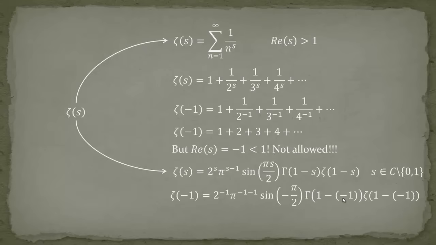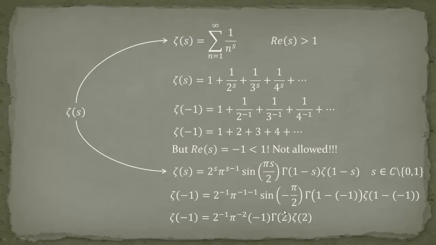Now if we plug in -1, we get a lot of minus signs. So we get 2 to the -1, we get pi to the -1 minus 1, we get sine of minus pi half. You see, it's pretty long. You get gamma of 1 minus -1, and you get zeta of 1 minus -1. Now let's simplify this a little bit. We get 2 to the -1, we get pi to the -2 because we had two -1s over here.